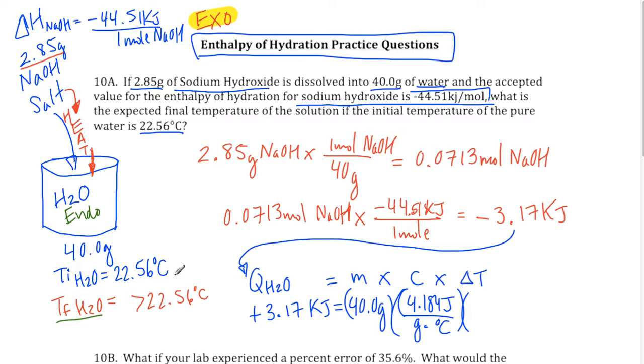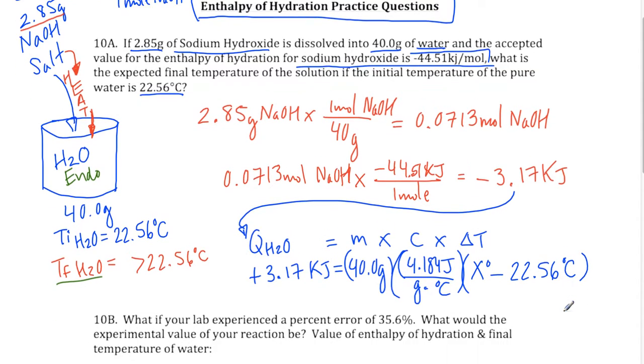My final temperature is unknown, but my initial temperature is 22.56 degrees C. What I do here is I'm going to convert this into joules first.